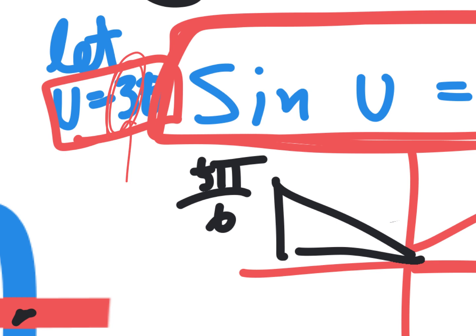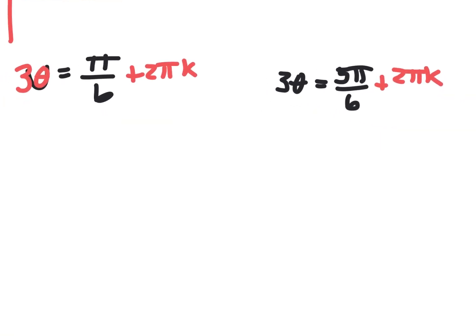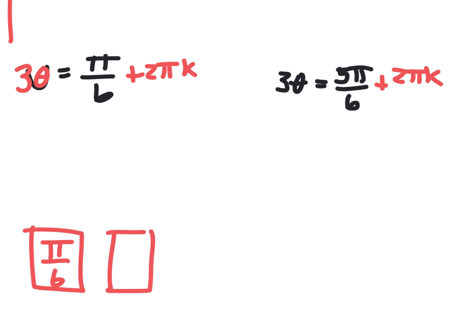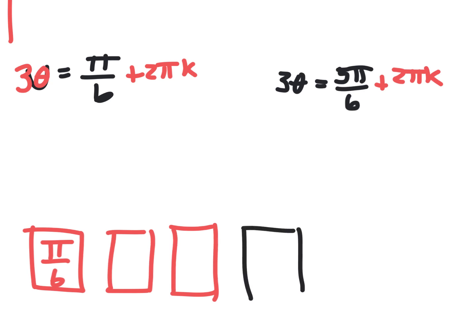How the heck am I supposed to get 6 answers out of this? Well, I would, first off, write my first answer like this, pi over 6, and I'd put it in a little answer box. And then I'd put 2 more empty boxes after it. Then over here, I'd put 5 pi over 6 and 2 empty boxes after it.